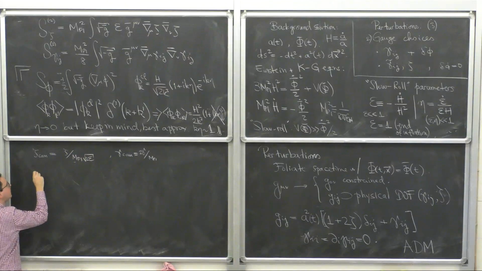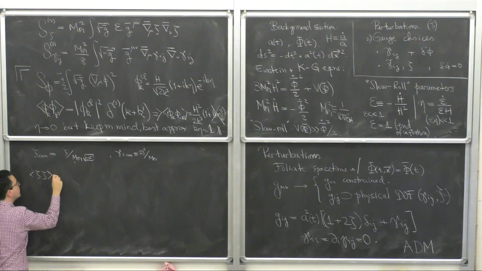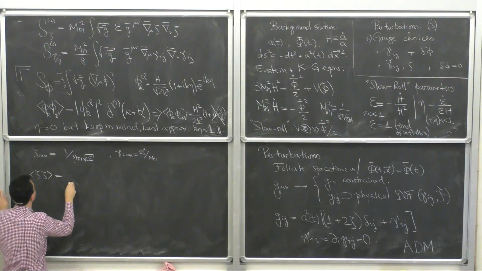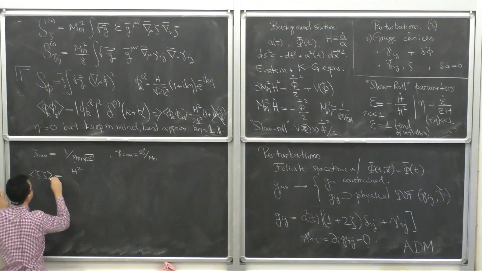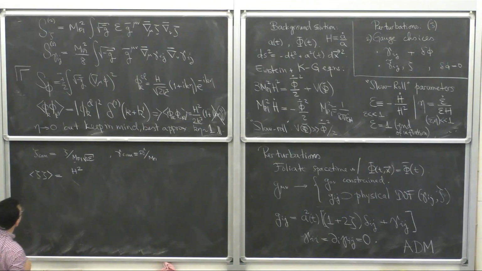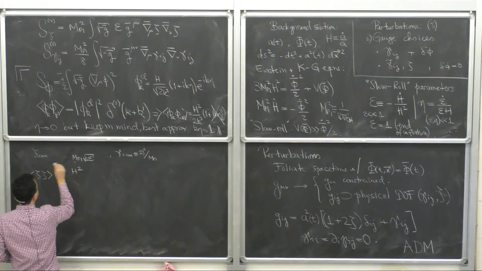So that means that the 2-point function of zeta then will have h squared. Sorry, guys, I'm just being stupid.